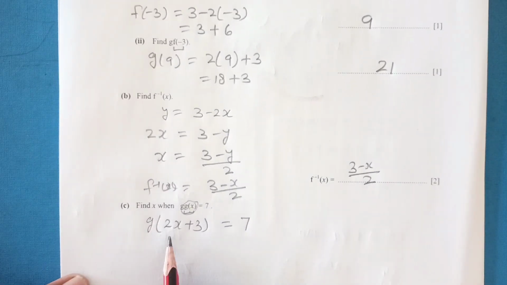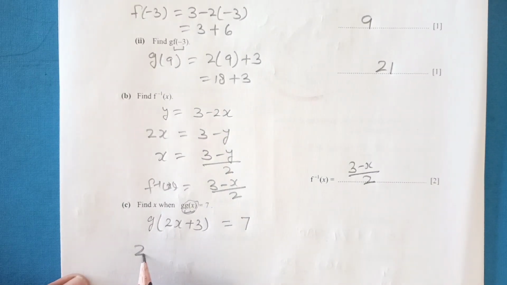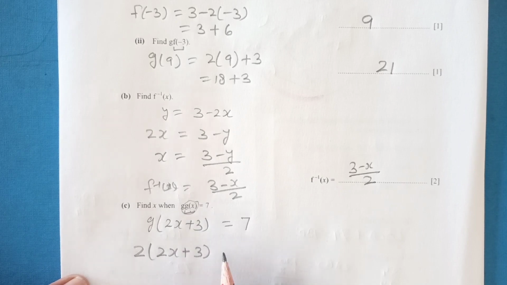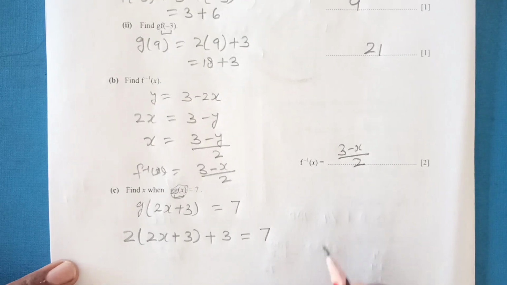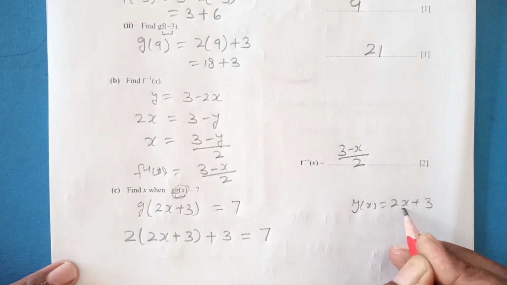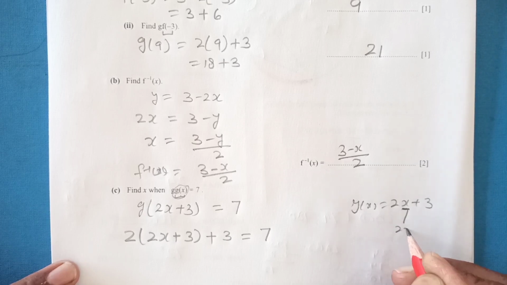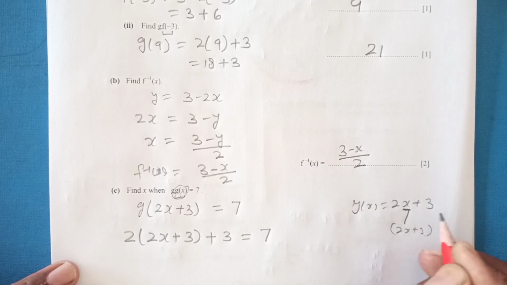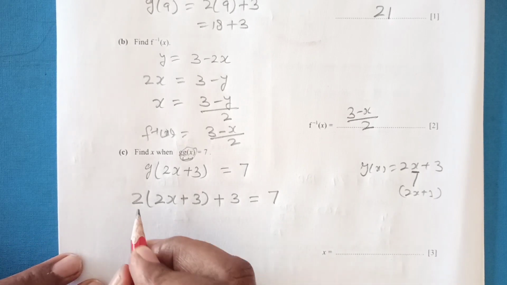Now again g(x) is this one. So 2, and again we are going to replace x by 2x plus 3, and plus 3 equals 7, because g(x) is 2x plus 3. So we just replaced this by 2x plus 3 and the remaining things remain the same.